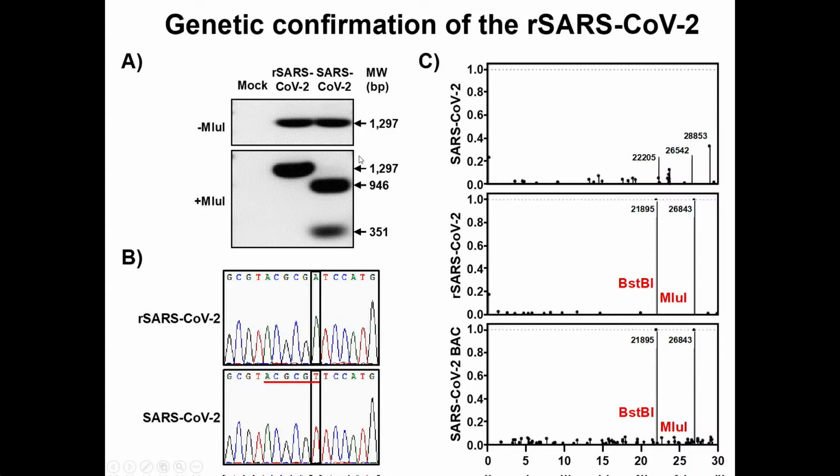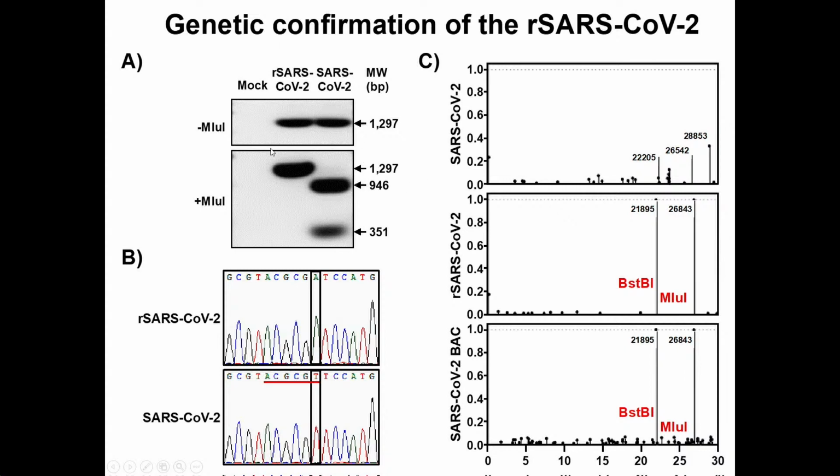And as we expected, the amplified gene from the natural isolate was digested with this restriction enzyme because it contains the site for this restriction enzyme. However, in the case of our recombinant virus, since we introduced this mutation that is shown here by Sanger sequence and removed the MluI site, we did not digest this product when we used MluI.